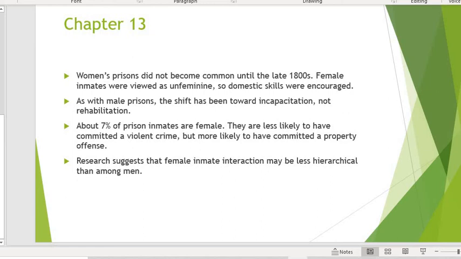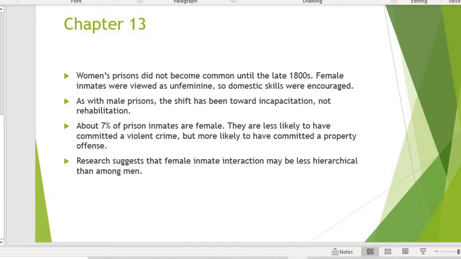A couple of final points on women's prisons. Women's prisons did not become common until the late 1800s. There have always been only a fraction of female inmates compared to males, about 10%, a much smaller number. So it's never historically been as big of a problem as male criminality, and female trends in criminality have tended to lag behind the male trends.